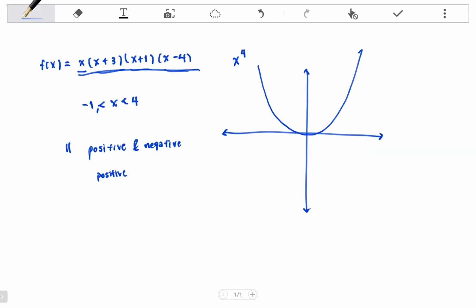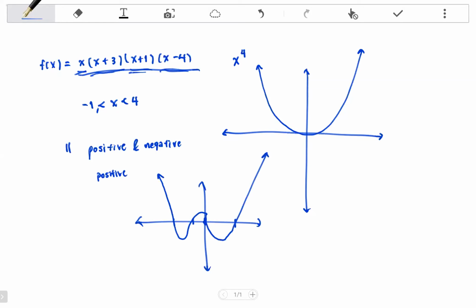It's going to look something like this. And we know there are 4 solutions here: -3, -1, 0, and 4. So it starts at the top, does a wave, and goes back up. It doesn't quite look like a U, but our end behavior is the same.